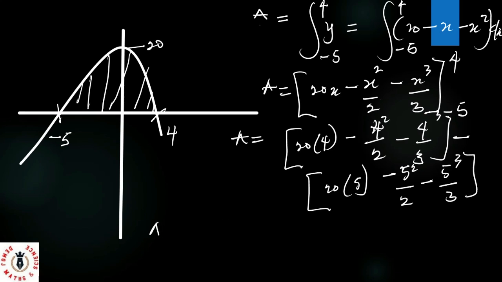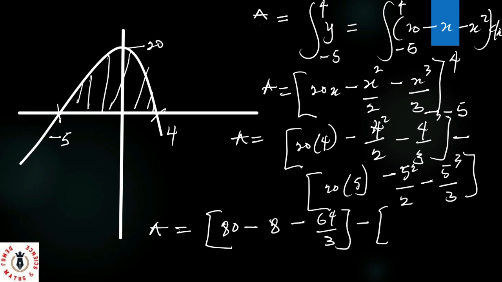So my area A this time is the same thing as 20 times 4, that's 80, minus 64 over 3, now minus 100 minus 25 over 2 minus 75 over 3.